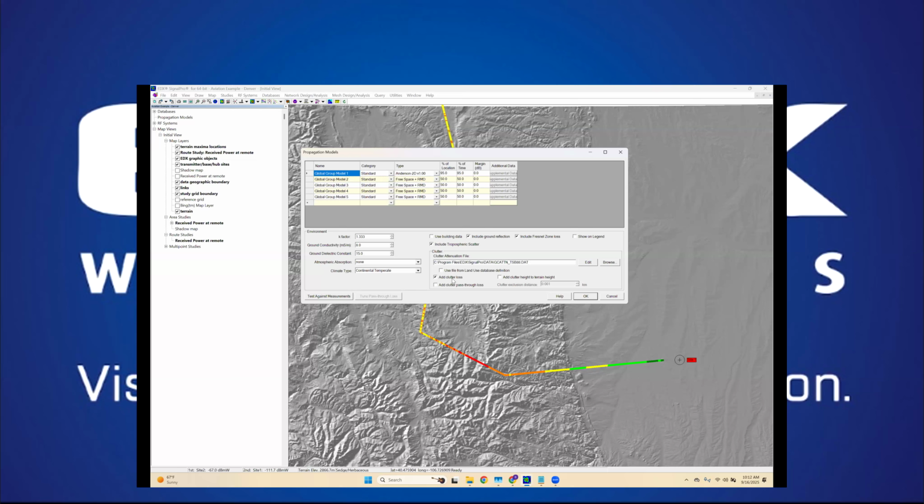And my aircraft cruising at 20,000 feet will be unaffected by the trees directly below it, typically. So we don't want to account for any kind of clutter loss.